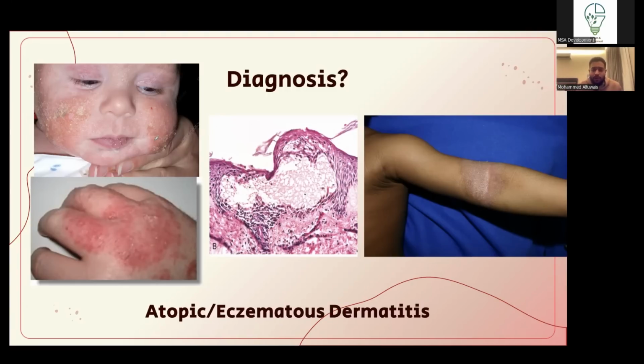What's very important is for you to tell the histology finding. In this case over here, what are you seeing in atopic dermatitis? What's happening in this case? Spongiosis. Good. What's the difference between urticaria and atopic eczema?